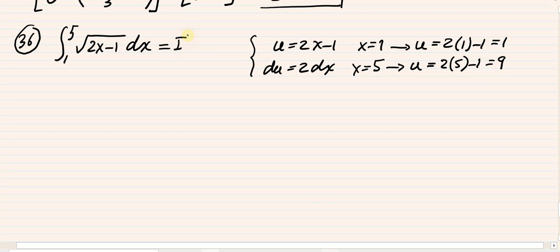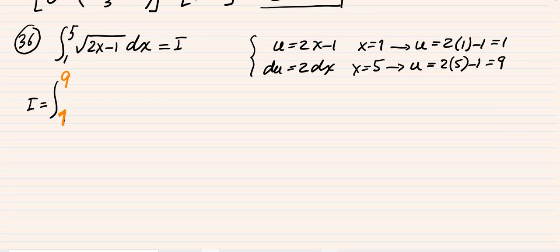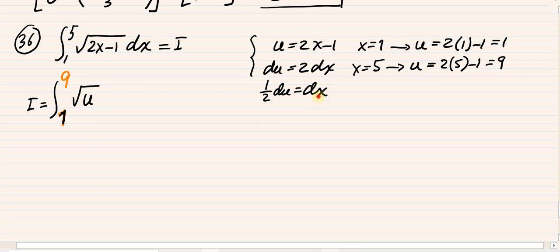So call this I. The integral is going to be that of 1 mapped onto a 1. Let me use a different color, by the way, just so you're aware that the limits have changed. So it's going to be 1 to 9 now, right? The limits of integration changed. Of the square root of u, and 1/2 du is dx, right? Du doesn't equal dx. This is 1/2 du.